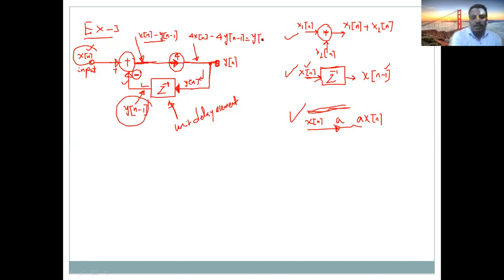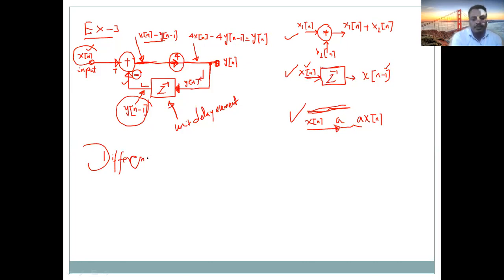So here we write the difference equation for this simple system. What is the difference equation for this simple discrete time system?